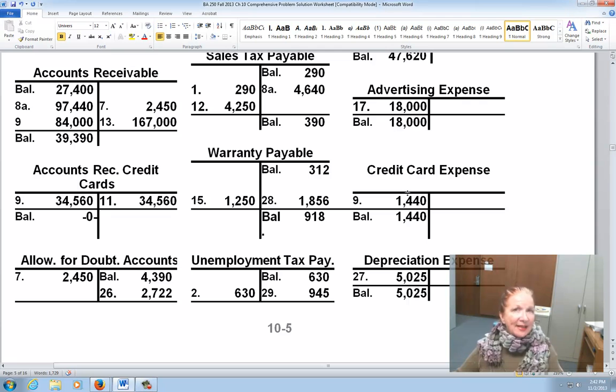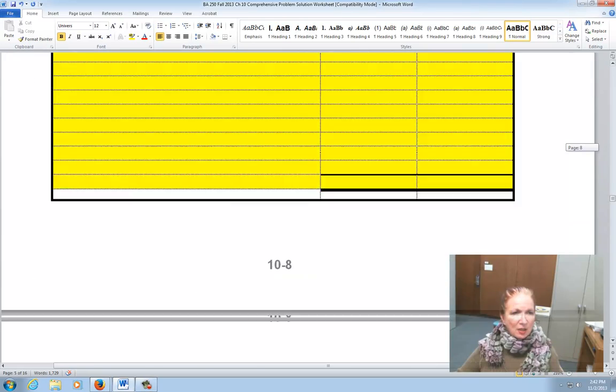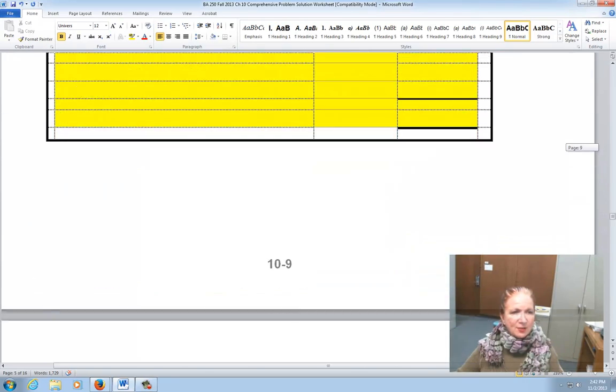And that's going to be a credit because it's an asset and it's going down. I reduce an asset with a credit. And I've got that big credit, number 13, of $167,000 where my customers paid me their accounts and gave me the cash. So $167,100 is what that first number is.